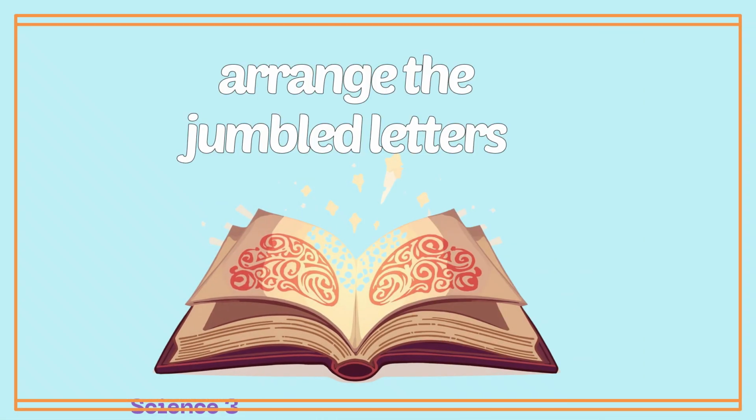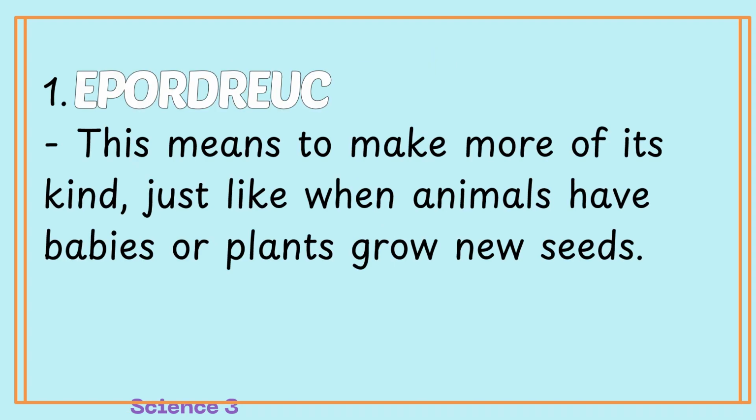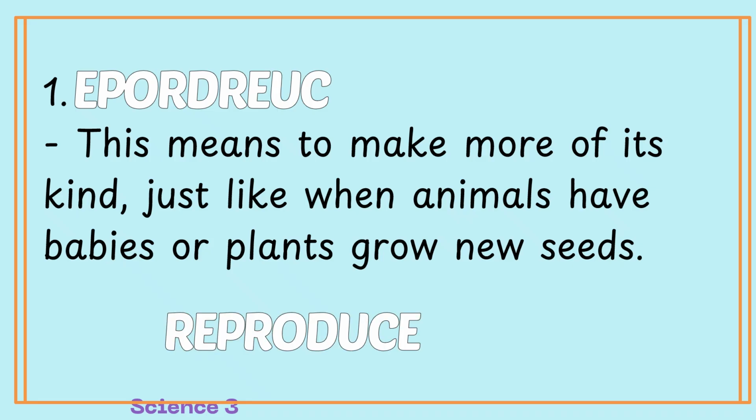Now let's do the activity. Arrange the jumbled letters. 1. This means to make more of its kind, just like when animals have babies or plants grow new seeds. What is your answer here, class? Very good. Reproduce. 2.